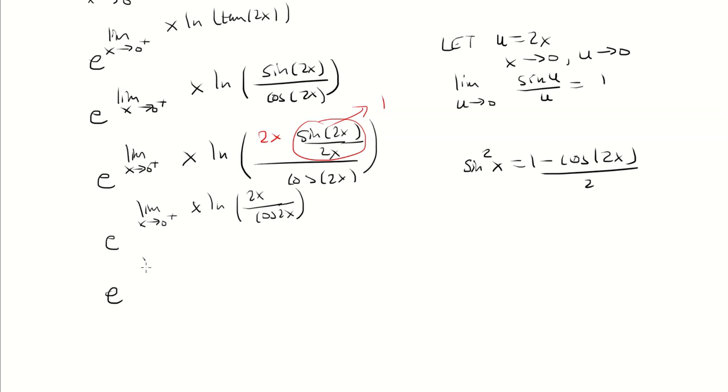So we're going to use that. So if I solve for cosine 2x, 1 minus 2 sine squared is cosine 2x, which is what we have here.